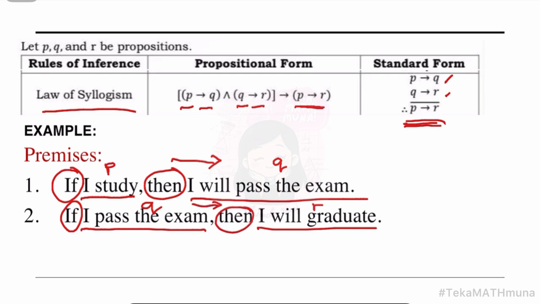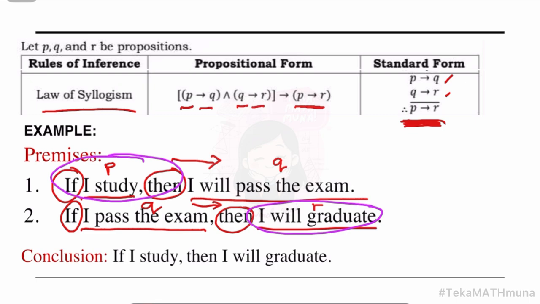So the conclusion will be P implies R. So the conclusion is, if I study, then I will graduate. You can think of it as connecting the dots in reasoning.